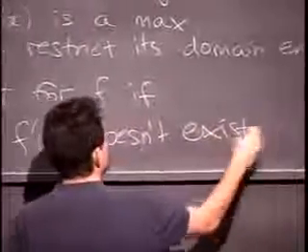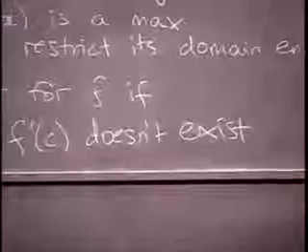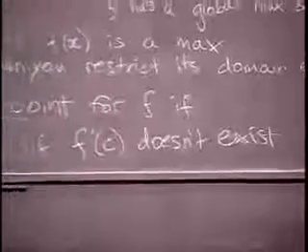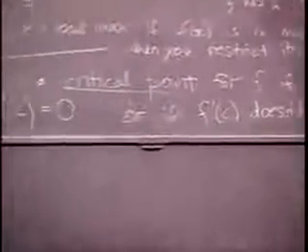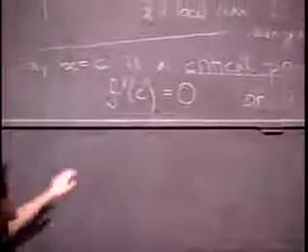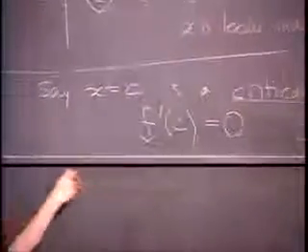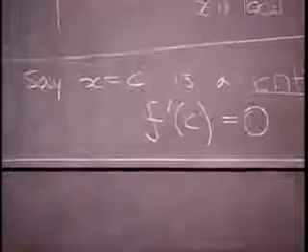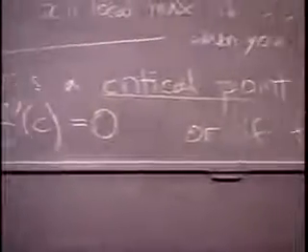Remember, sometimes derivatives don't exist. Functions can have corners, and I'm going to consider those to be critical points. I'm going to say that both possibilities could occur, and I'm going to call it a critical point.